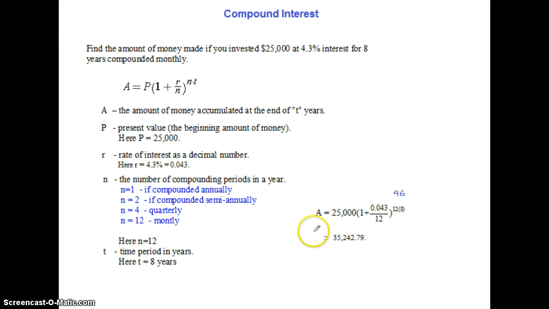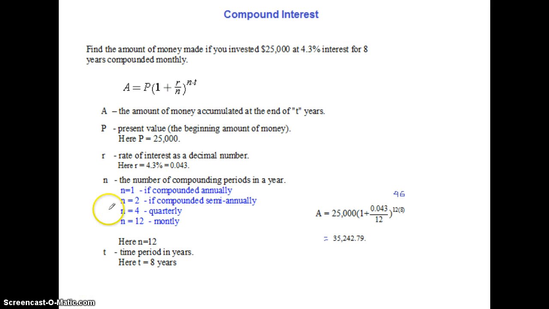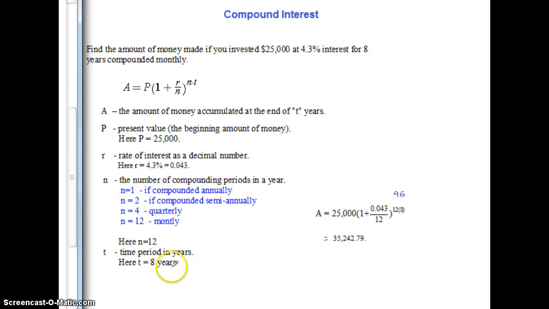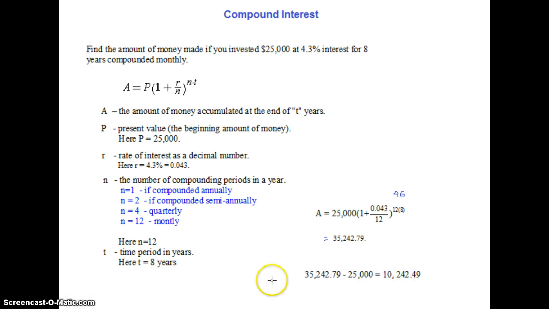A is the accumulated amount, or sometimes it is called the future value. The problem says to find the amount of money made, so we have to find how much interest is earned over the 8 year period.